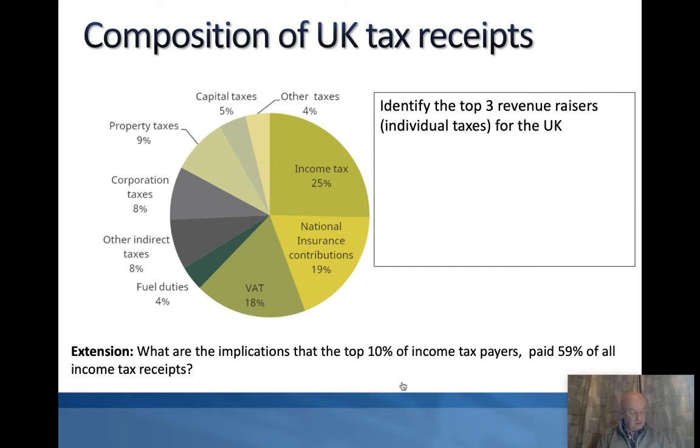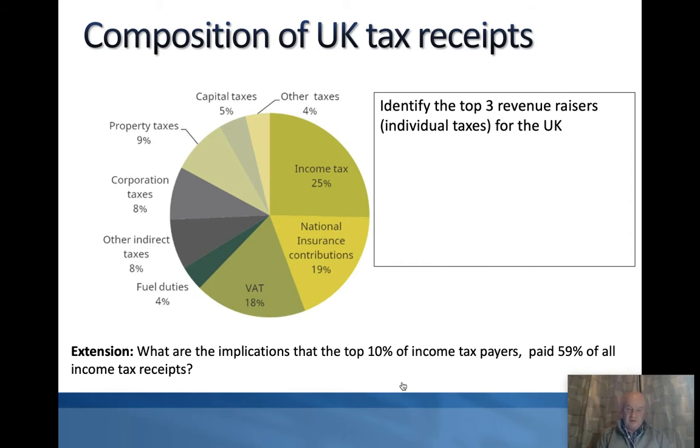However, there is an argument to say that should somebody who's earning millions and millions of pounds only be paying the same rate of income tax as ordinary workers, and obviously that's almost a moral and philosophical argument that you need to square away in terms of whether you believe in the free market or not.